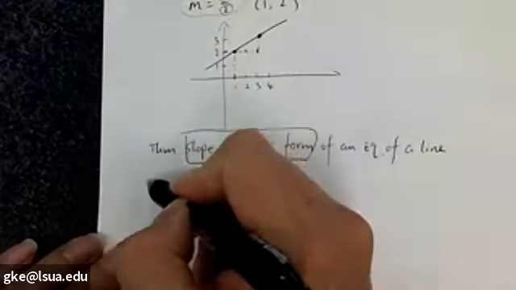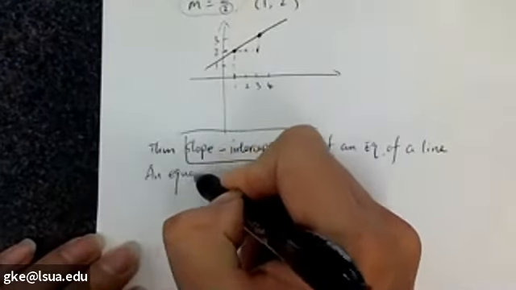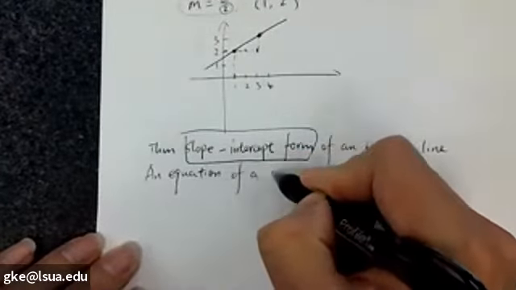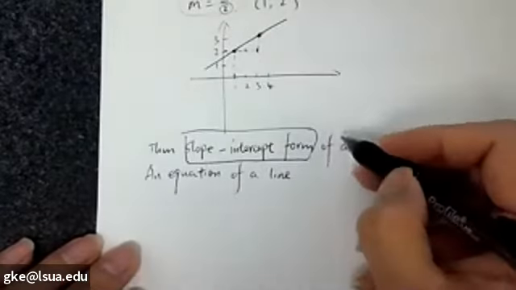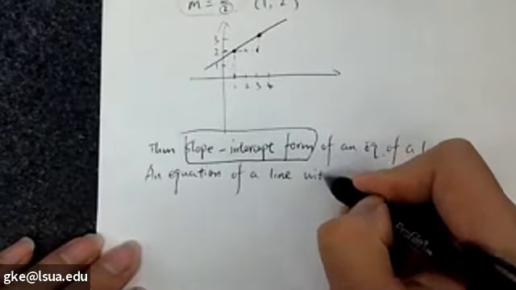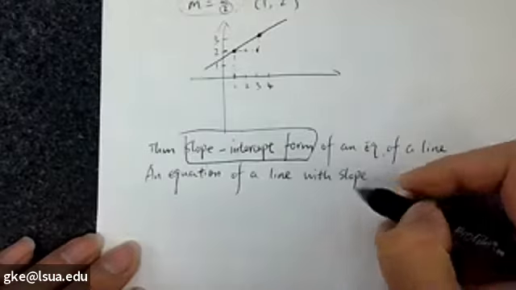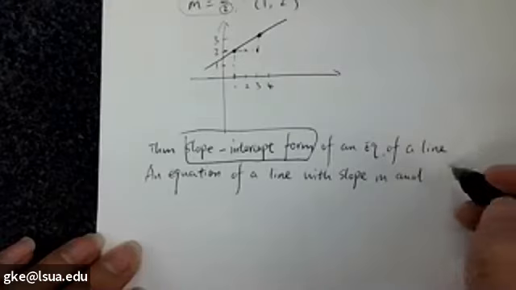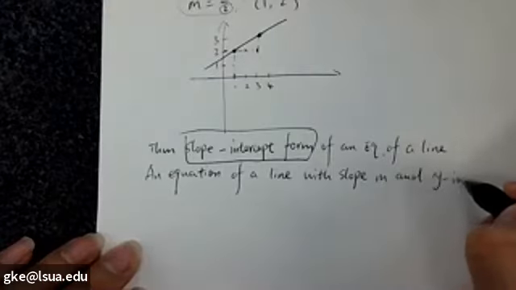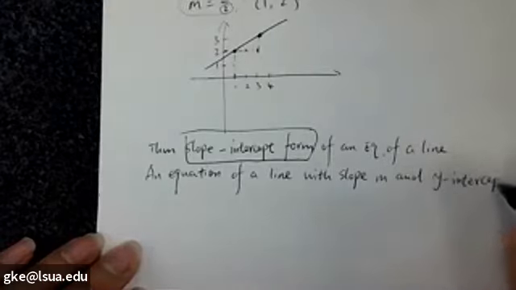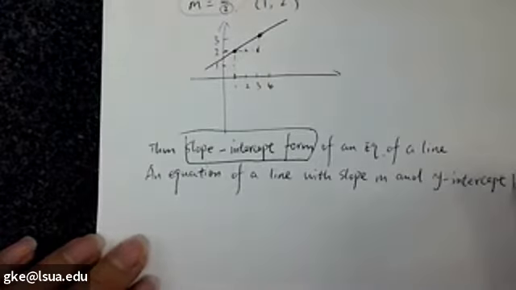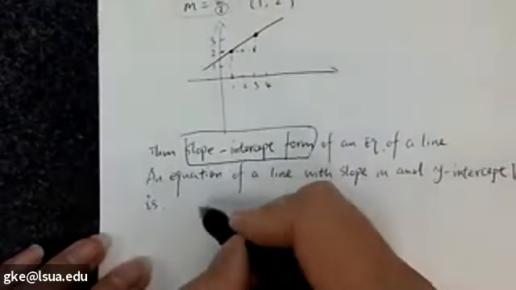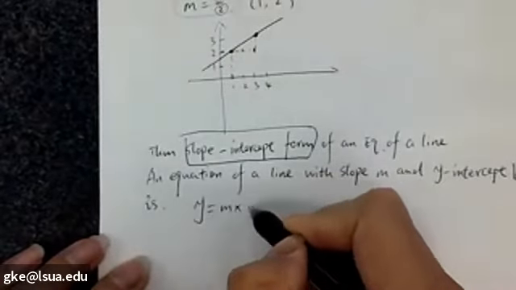An equation of a line with slope m and y-intercept b can be written down as what?